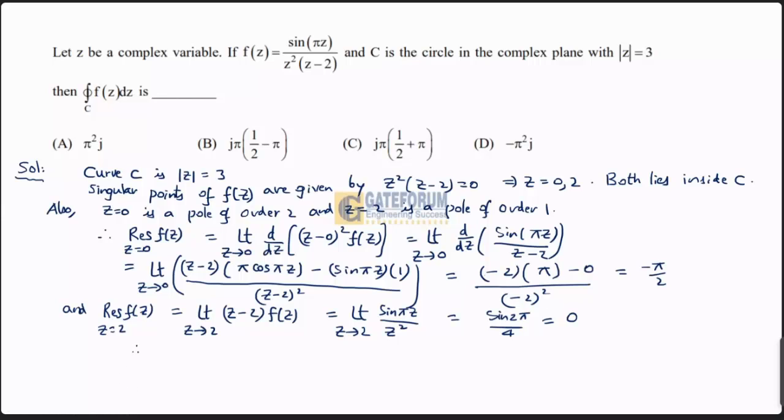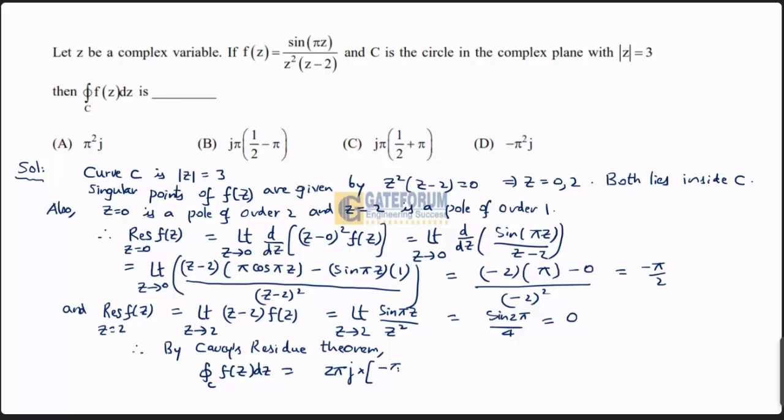So therefore, by using Cauchy's residue theorem, the value of the given integral over C, f of z dz is equal to 2 pi j, or 2 pi i, because in options j is given, 2 pi j into the sum of the residues at the poles inside the curve.